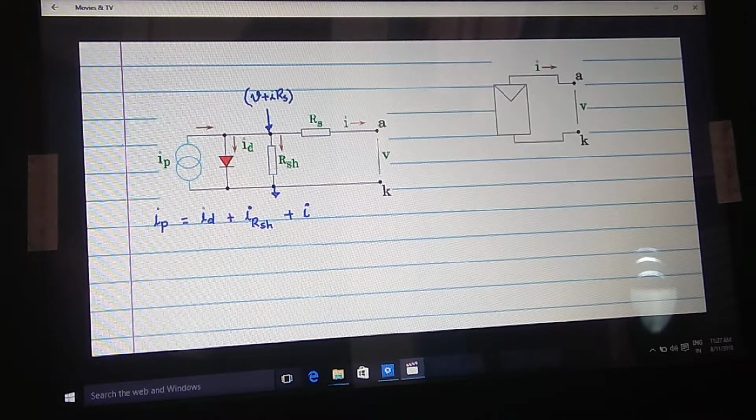Therefore, current flowing through R shunt is V plus IRS divided by R shunt.